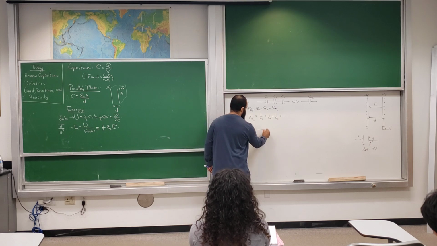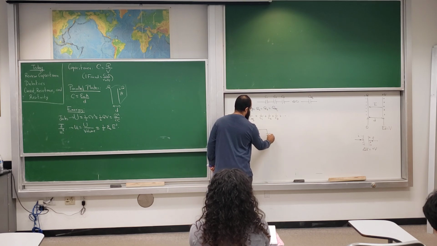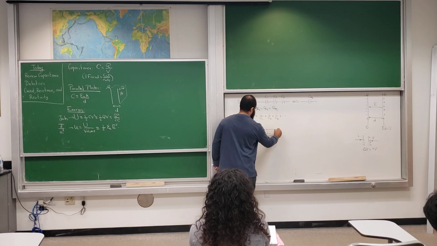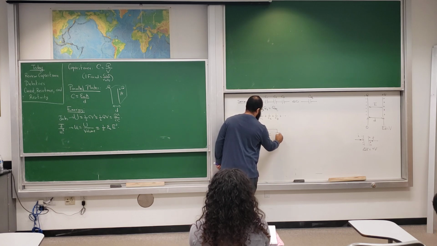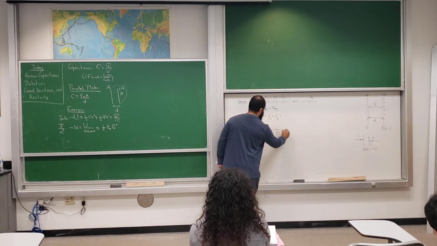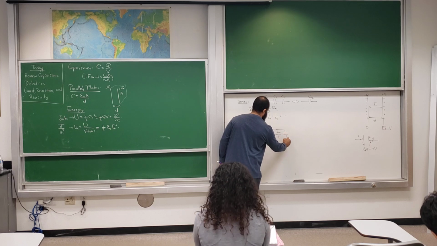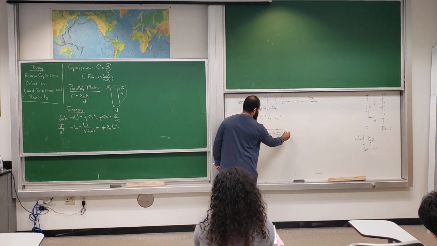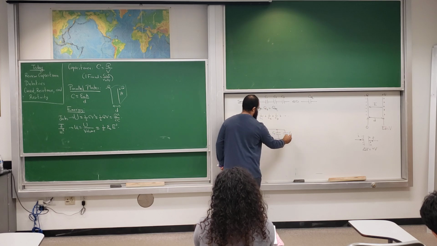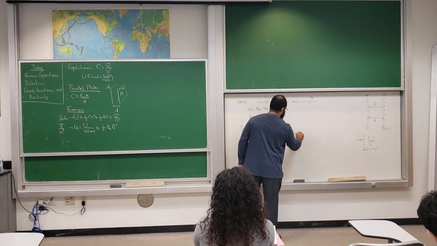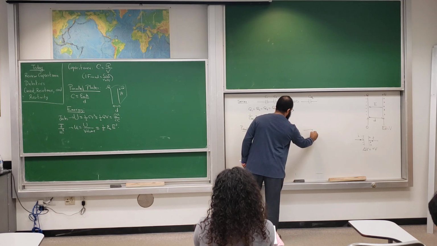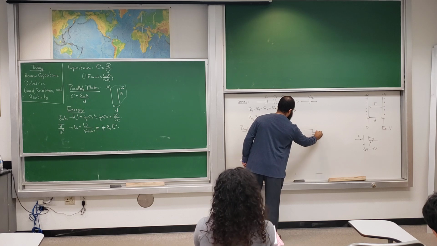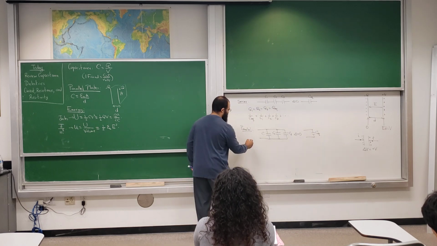Parallel is when you have the following situation: a capacitor here, followed by a capacitor here, followed by another capacitor here, possibly, and it can go on. So C1, C2, and C3, and if we were to replace all of these by just one, called C equivalent, what would C equivalent be?